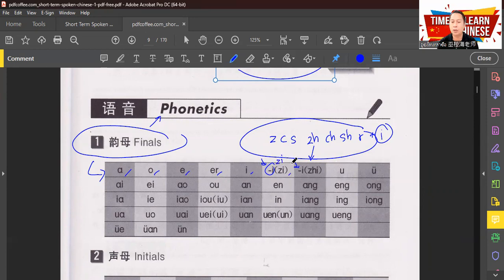Z and I we call ZI. We have to bite your teeth first and pronounce Z.